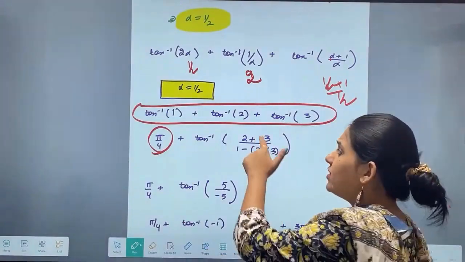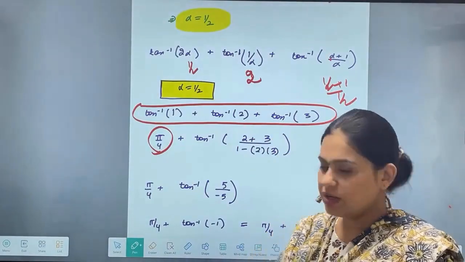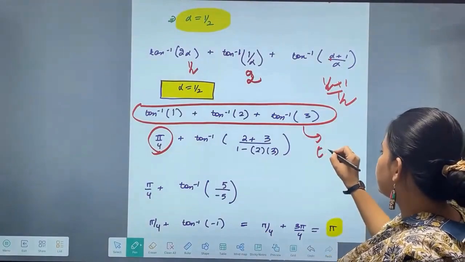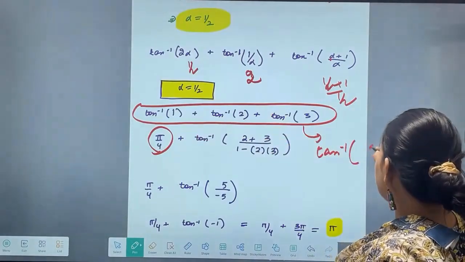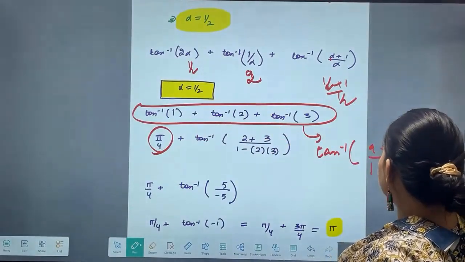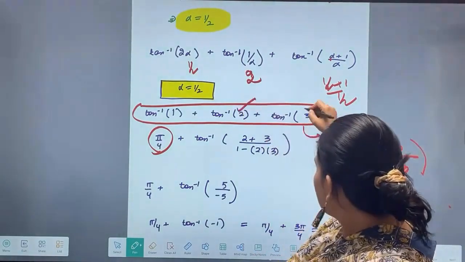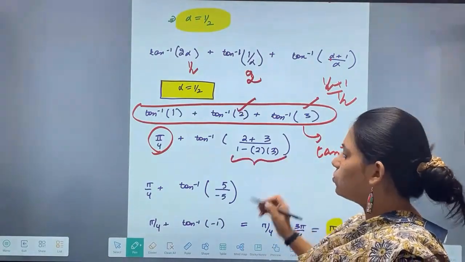Now you will not know कि tan inverse 2 या tan inverse 3 क्या होता है. Of course, we don't know that, na? So what can we do? We can use the formula that tan inverse A plus tan inverse B will be tan inverse of A plus B upon 1 minus AB. So A को ले लो 2 and B को ले लो 3. So 2 plus 3 upon 1 minus 2 into 3.